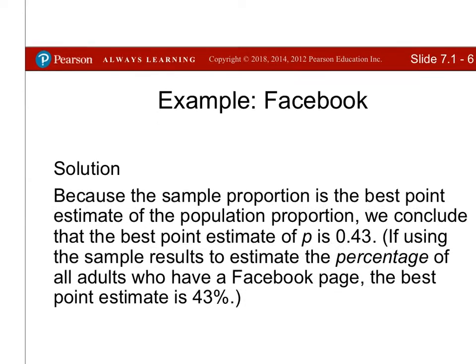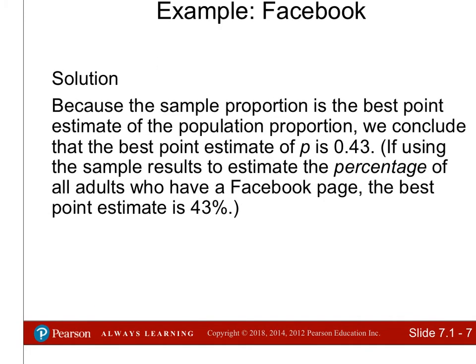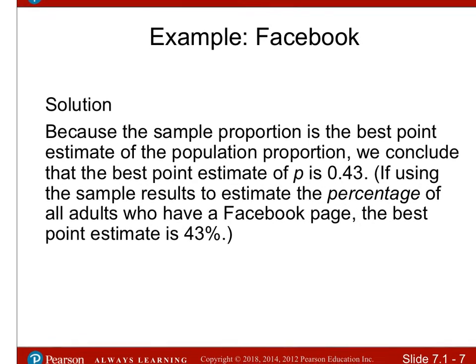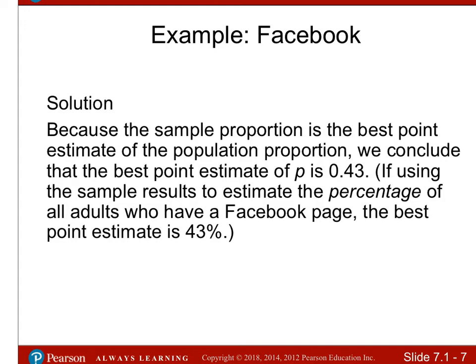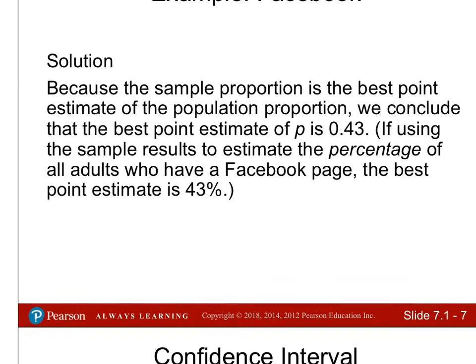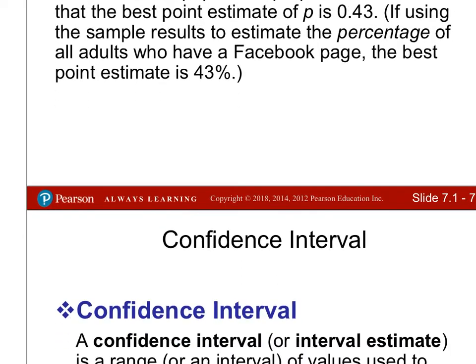So one way is to use the point estimate and to use that 43% that we got from the sample and just say, therefore, we think that the population proportion is 43%, right? The 43% came from our 1,400 people. We're going to just go ahead and turn right around and say that 43% is how many of the entire population. That's the point estimate.